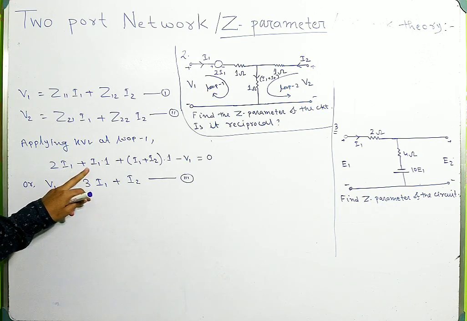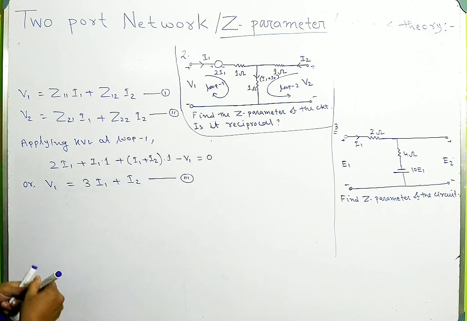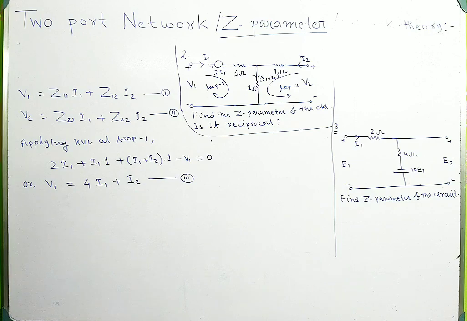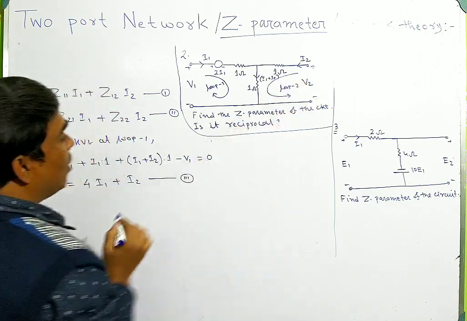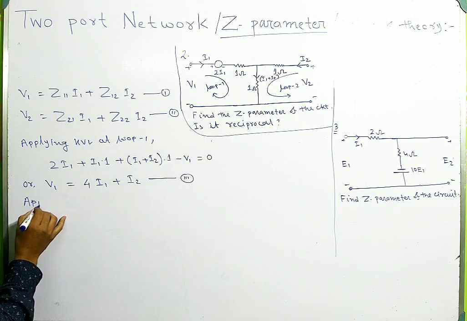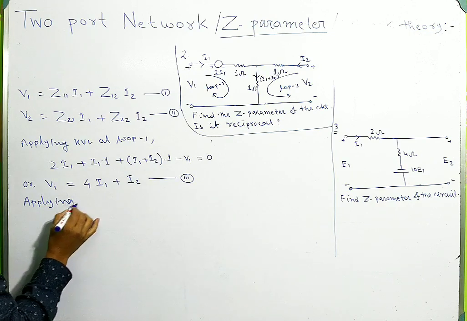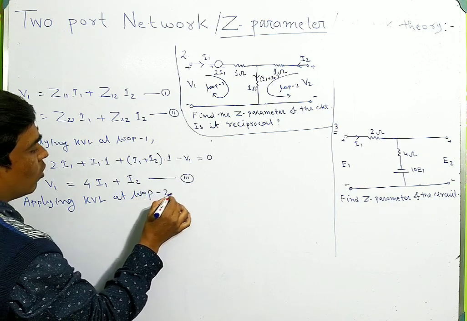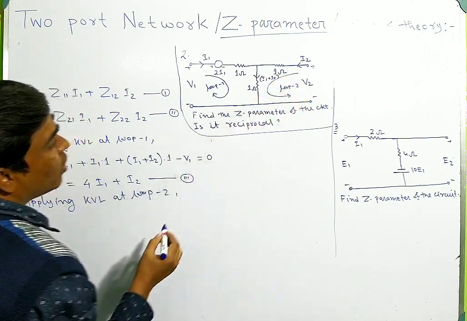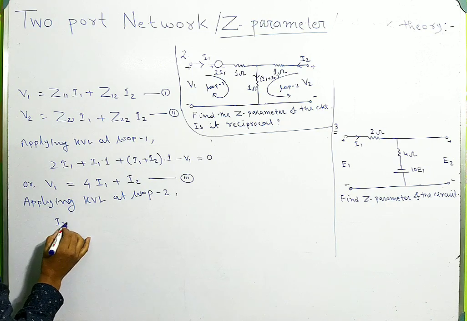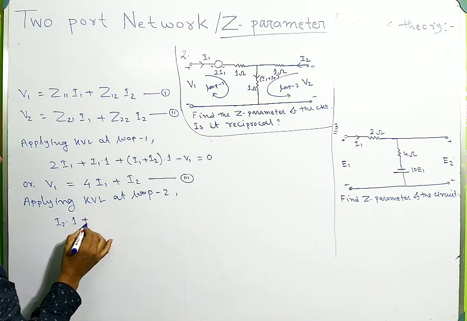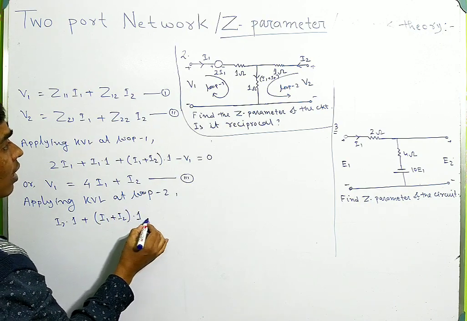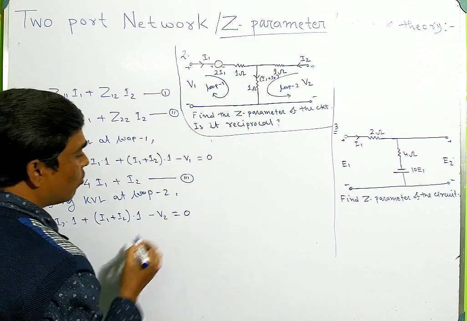This is 2, this is 3, this is 4, so it will not be 3, it will be 4. Okay, now applying KVL at loop 2, you will get I2 into 1 plus I1 plus I2 into 1 minus V2 equals 0.